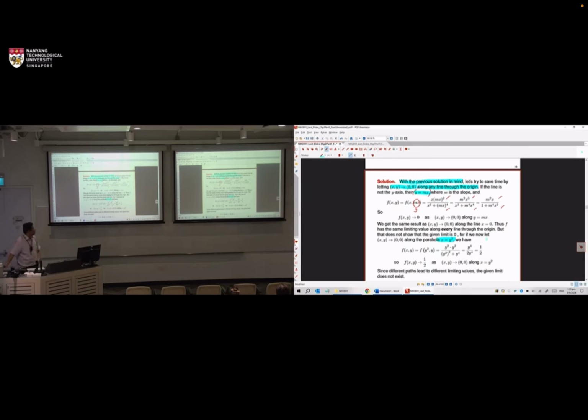Okay, x equal to y squared. It's any path, because it's a multivariable world, in the 3D, in the whole world, as long as it contains the 0, 0. Because what you're interested in is limiting to 0, 0. You're not concerned about far away from 0, 0.